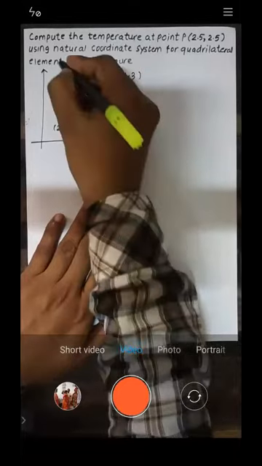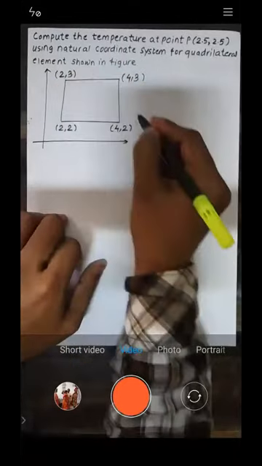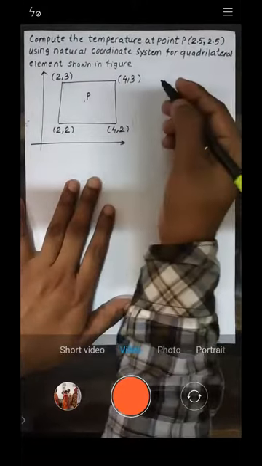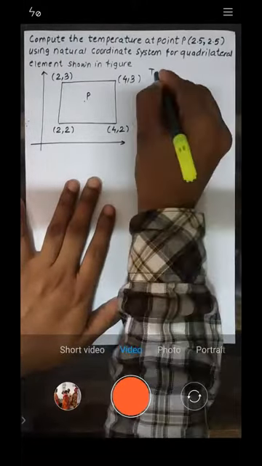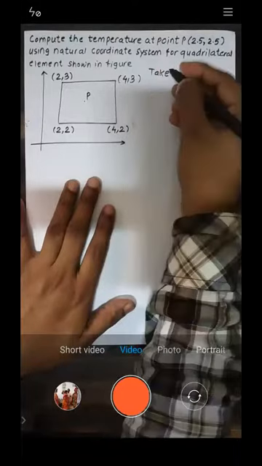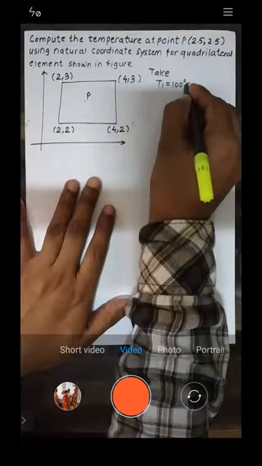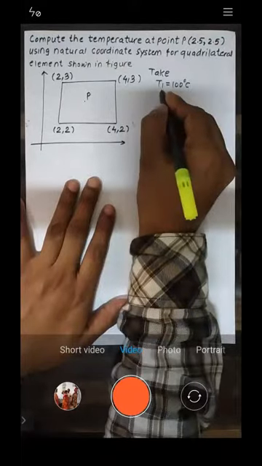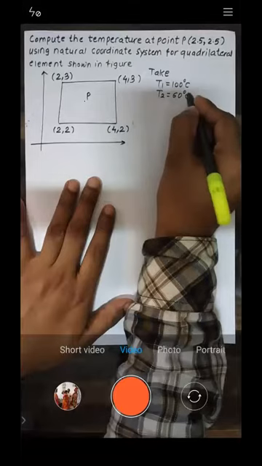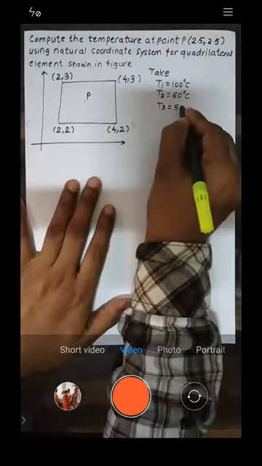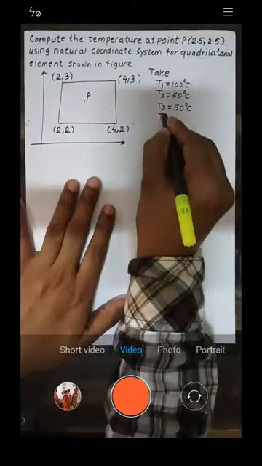This is (2, 3). This is point P given. Then they're asking to take T1 equal to 100 degrees Celsius, T2 equal to 60 degrees Celsius, T3 equal to 50 degrees Celsius, and T4 equal to 90 degrees Celsius.